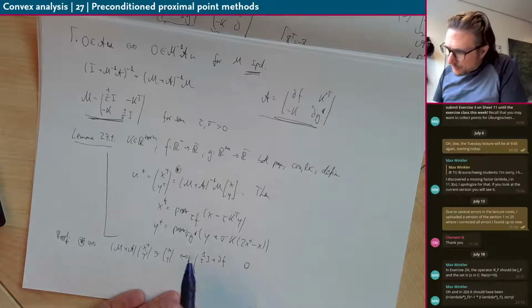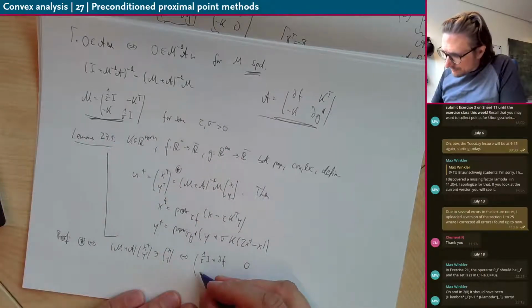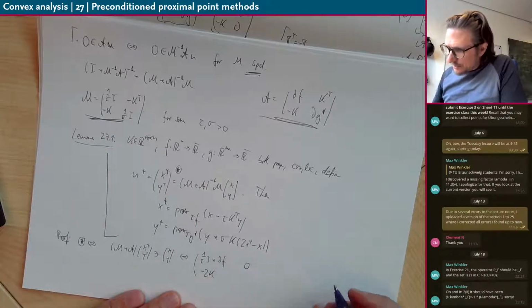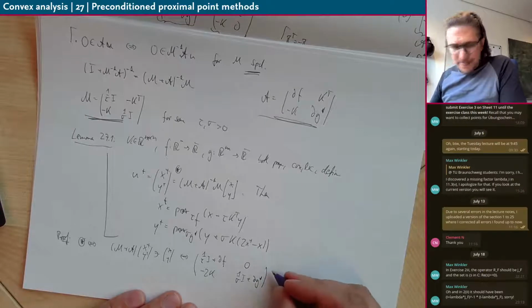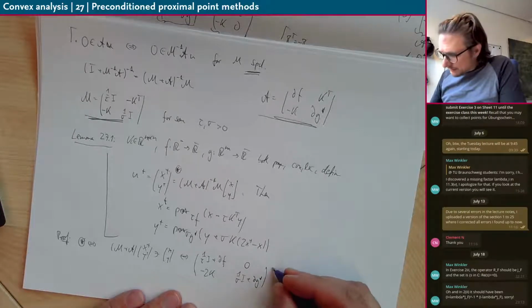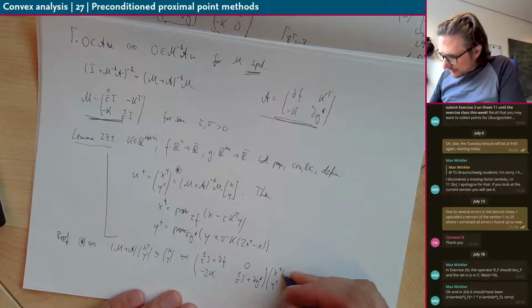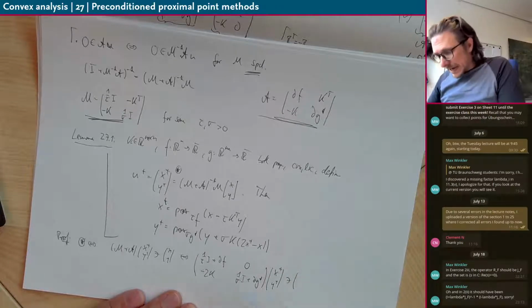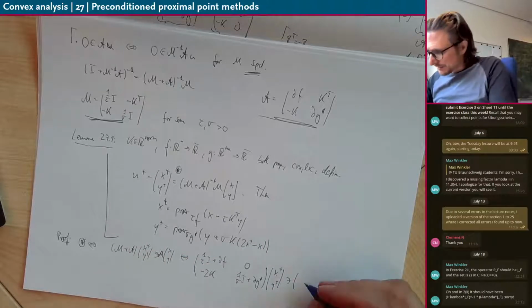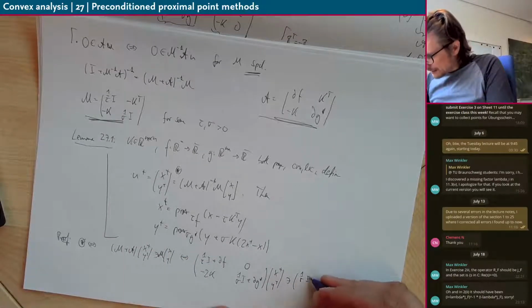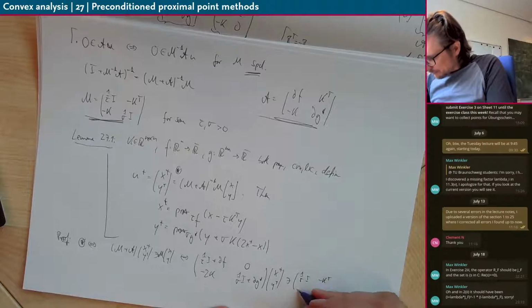In the lower left corner we have minus K plus minus K, which gives us minus 2K. In the lower right corner we have 1 over sigma identity plus subgradient of G star. Okay, and then this is applied to (x plus, y plus), and contains, oh, there was something missing. It contains M times (x, y). So here we have again M, it's 1 over tau identity, minus K transpose, minus K, 1 over sigma identity, applied to (x, y).